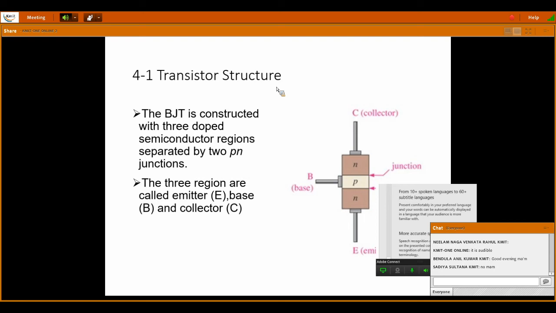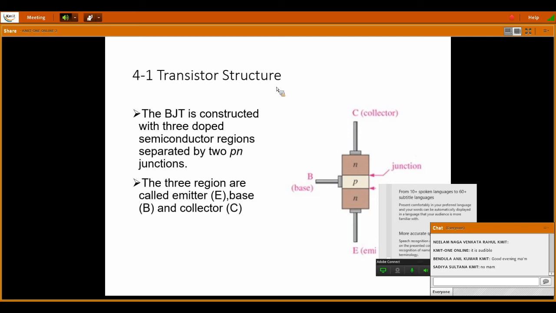Now coming to the area occupied by these three regions, that we have to learn, as well as the classification based on the doping techniques. The emitter occupies moderate space, the base occupies very little space compared to the three regions, and the collector occupies the most space in a transistor.